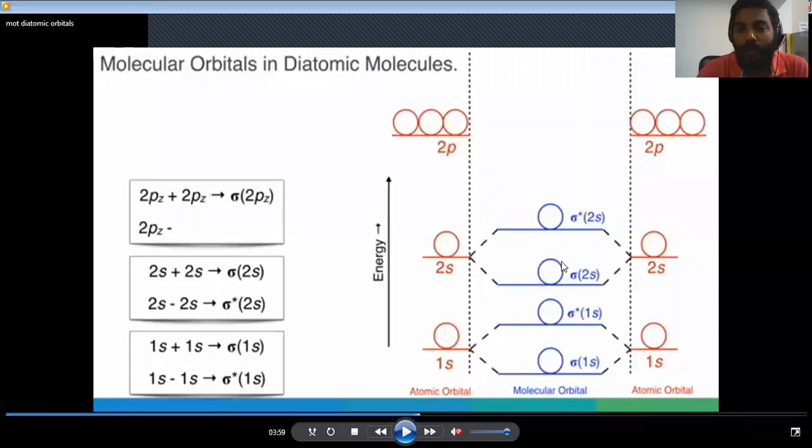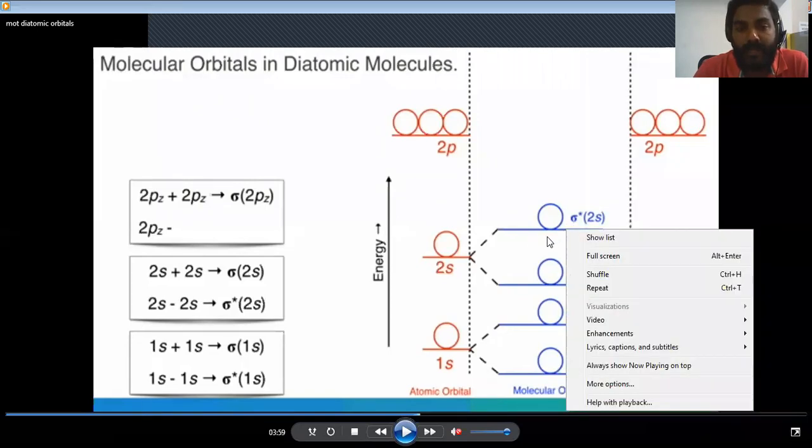These are lower energy, more stable, and are known as the sigma 2s bonding orbital. The other electrons split into sigma star 2s, one electron from each atom. These are called sigma star 2s. This is the important thing.